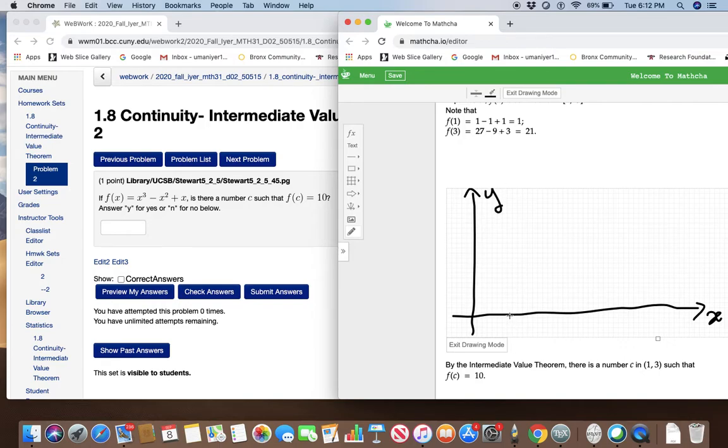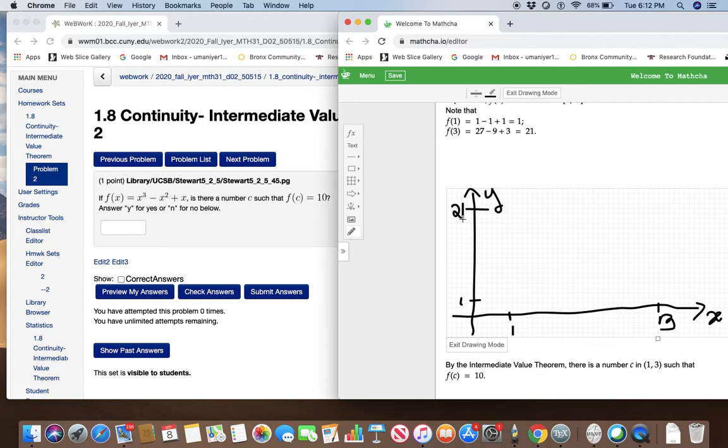At 1, you have height 1, and at 3, you have height 21.